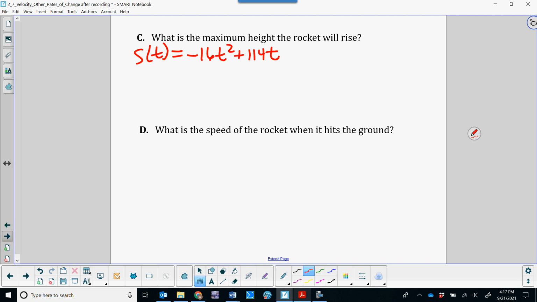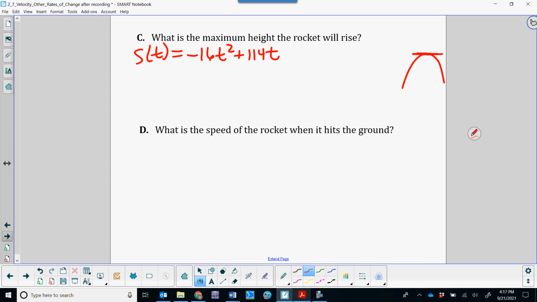This is a parabola that opens down. The maximum will happen at the vertex. Well, calculus-wise, what would be the slope of the tangent line? The slope of the tangent line would be 0.